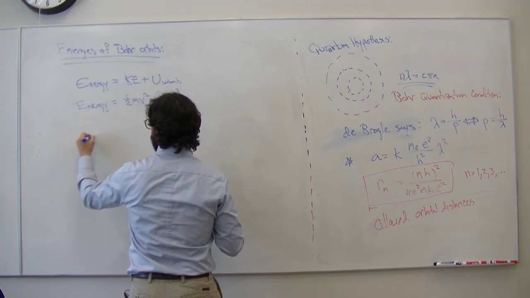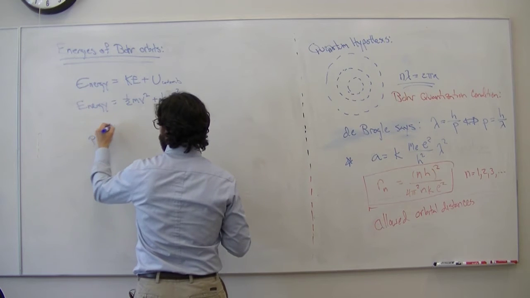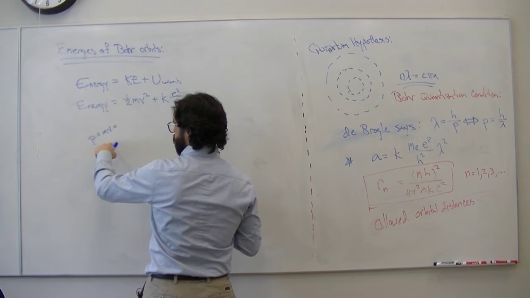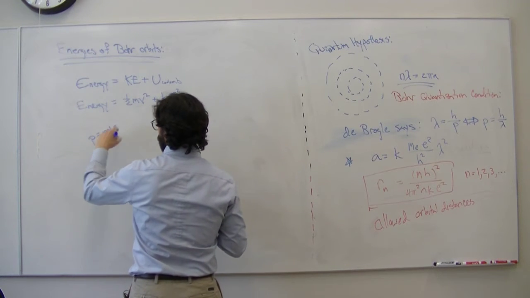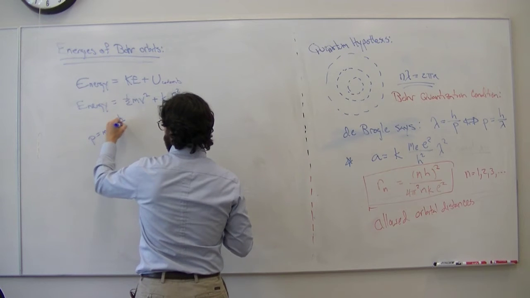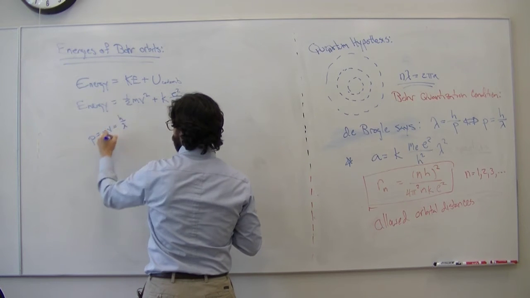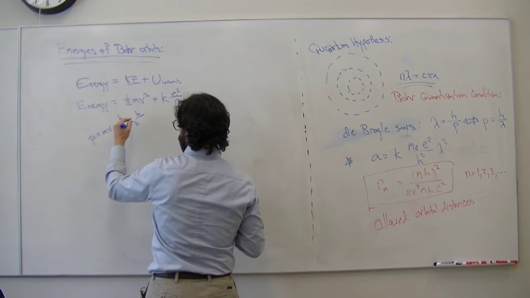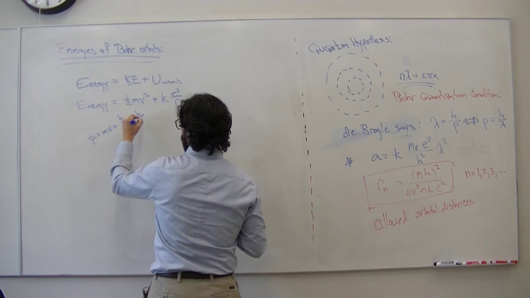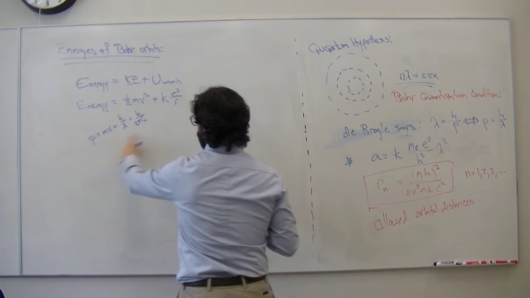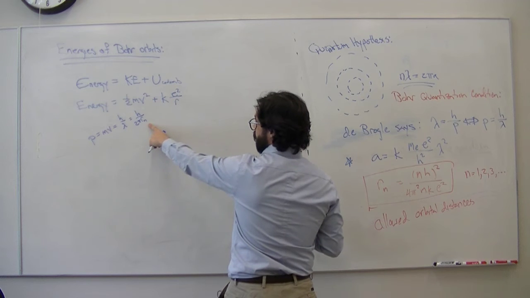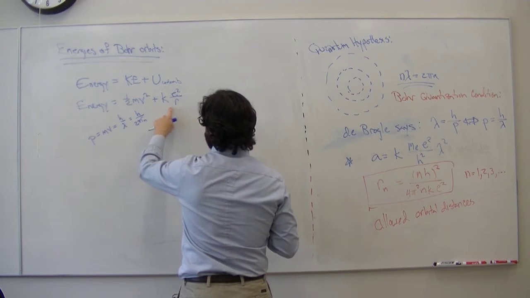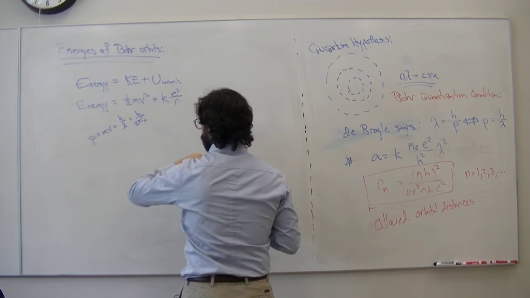So you could say that P equals mv, and P is also equal to h over lambda. And furthermore, lambda is equal to 2 pi Rn. So we've got P squared downstairs, and we've got P there too. So we also know that Rn.